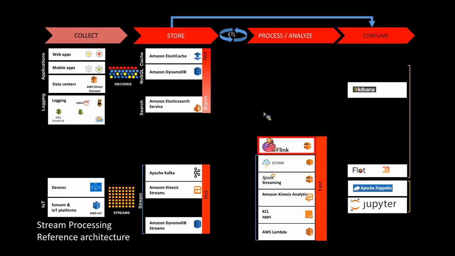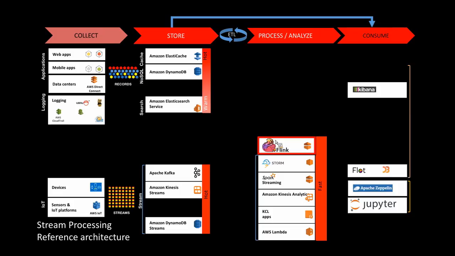Now, Flink is one of the ones that was added to AWS, and we'll show how you can actually launch that in a moment. But Flink is, as I said, the new kid on the block. This is a technology that was designed for streaming. It was developed among 3 German universities in 2010.